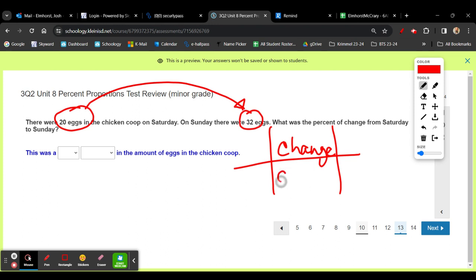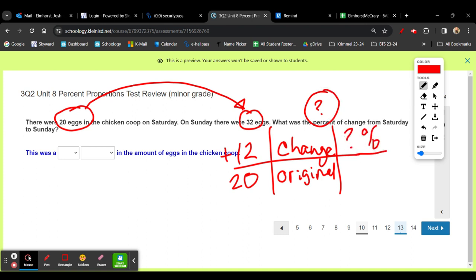Up. So the original on Saturday was 20 eggs, and then it went up. How many eggs did it go up from Saturday to Sunday? 12. So the question mark is the percent. What percent change was that? So we're going to put the percent on the right. You can cross multiply and divide.